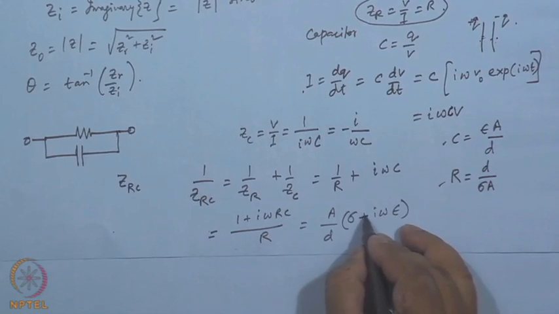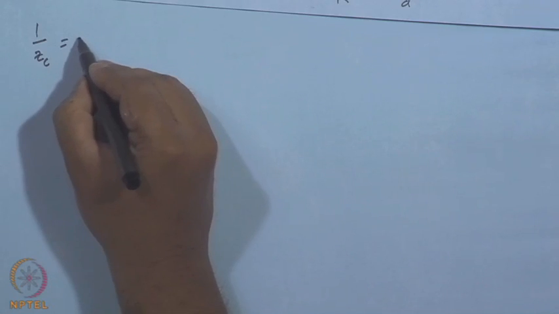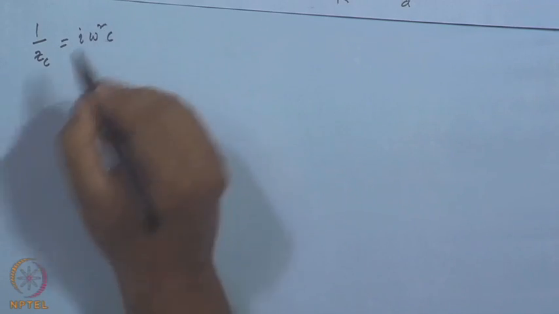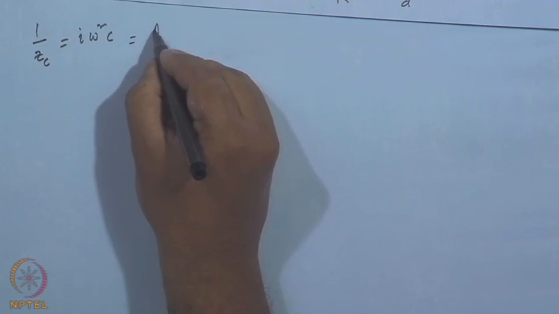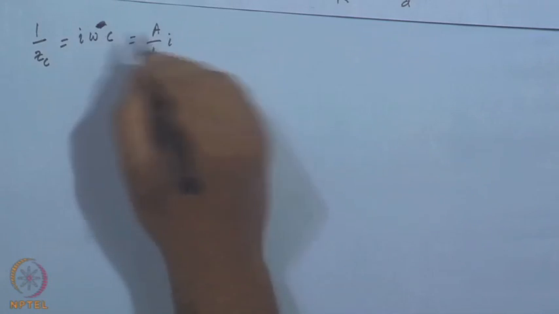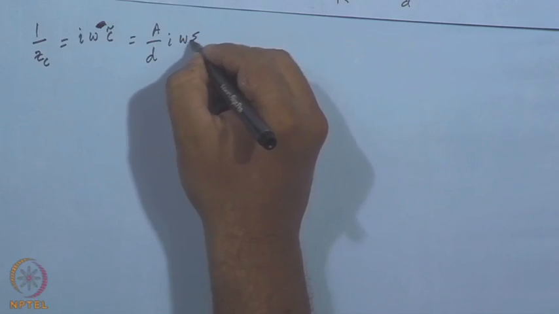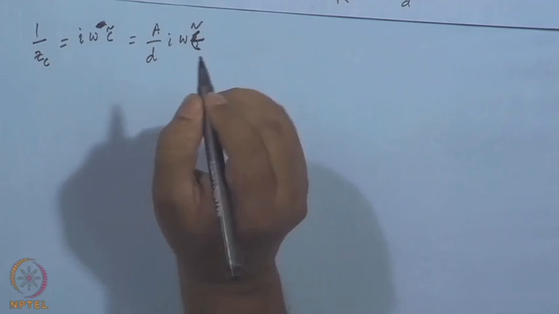Now, if one wants to define a real capacitor, then he has to write it as 1 by ZC is equal to I omega square C, and that is equal to A by D I omega C, and that is equal to A by D I omega, I put a tilde here to define this as a complex capacitance or complex permittivity.